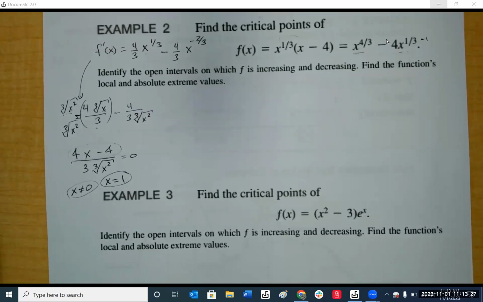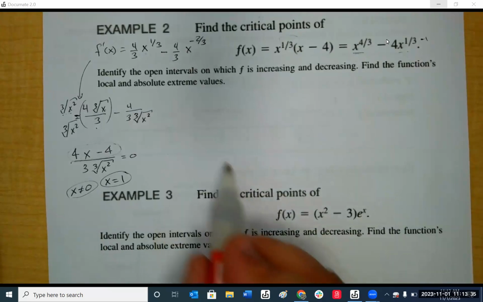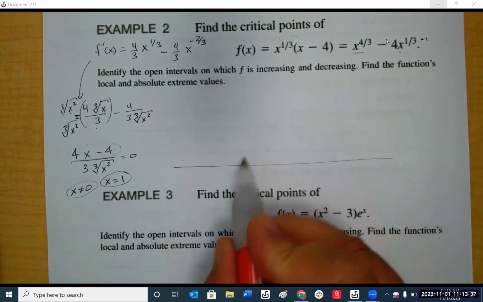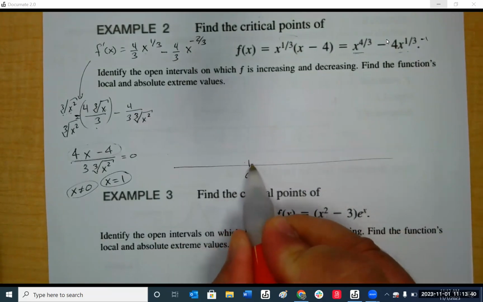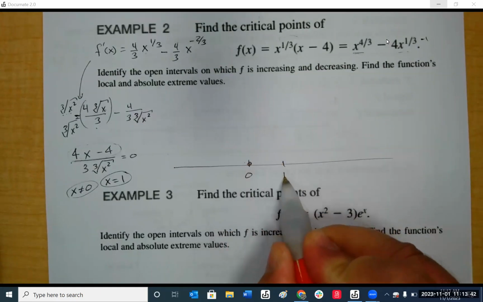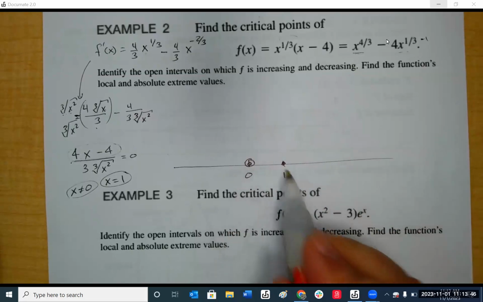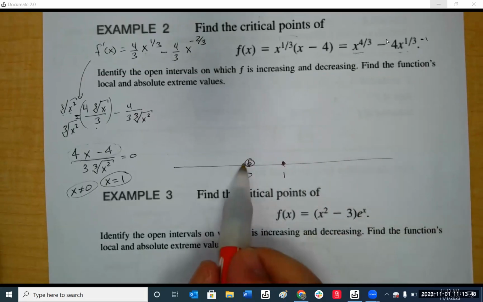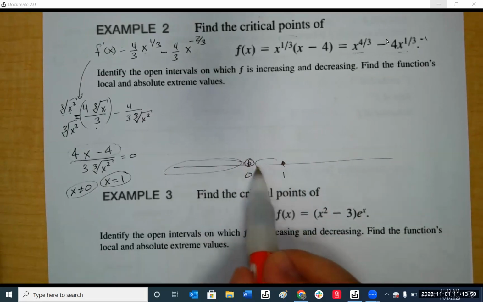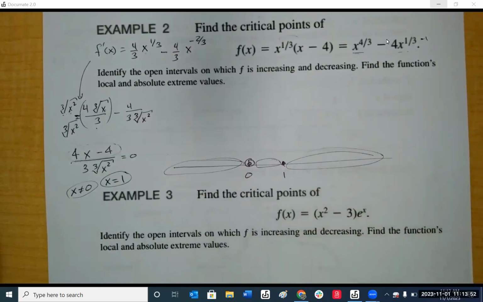So what are our intervals? If we look at the number line, we have 0, we have 1. Well, we can't use that one. So our intervals are here, here, and here.